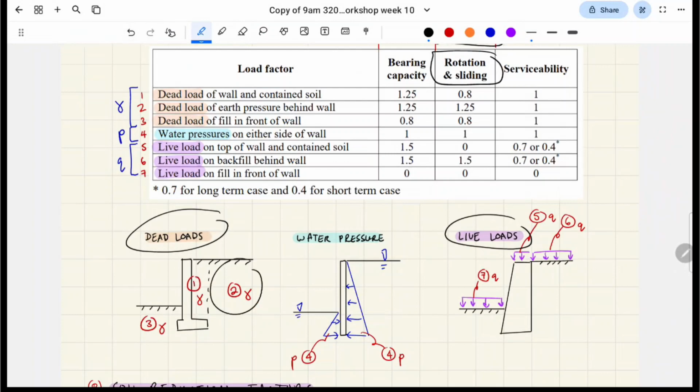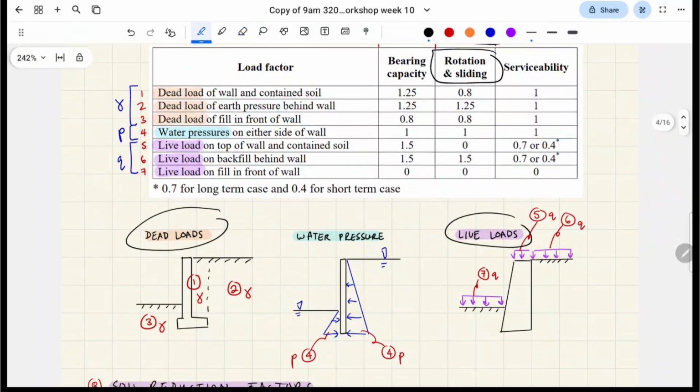Region 2 is the backfill, that's the lateral earth pressure, all this. And region 3 is the dead load in front of the wall. So this generally acts as passive earth pressure, which helps to stabilize the wall from sliding and overturning, right?